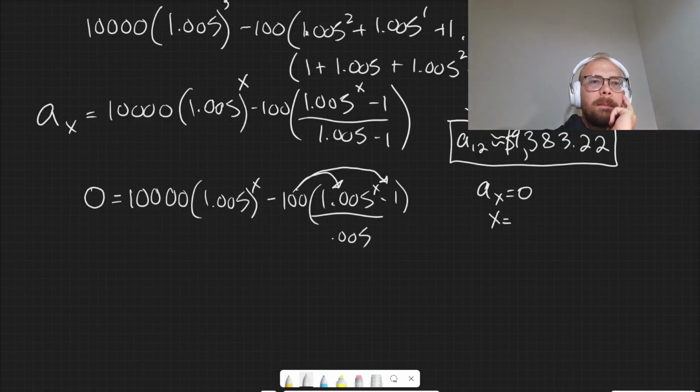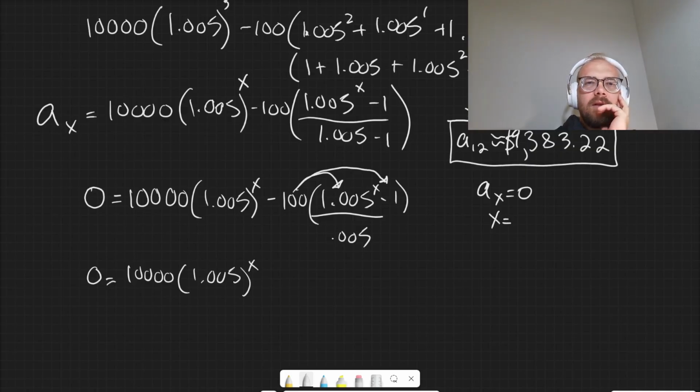So then this would end up being 10,000 times 1.005 to the x power, and then minus, since this is all over 0.005, 100 over 0.005 times 1.005 to the x minus 1, times that 100 over the 0.005 still.